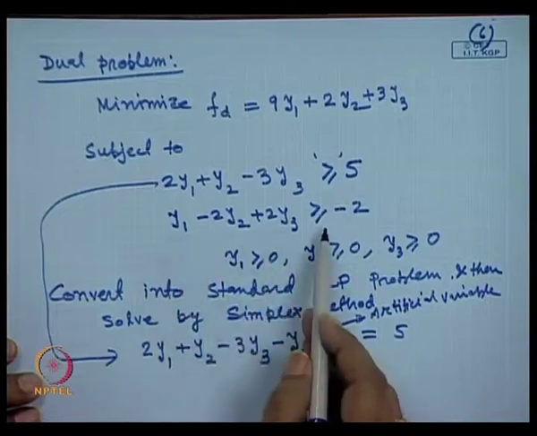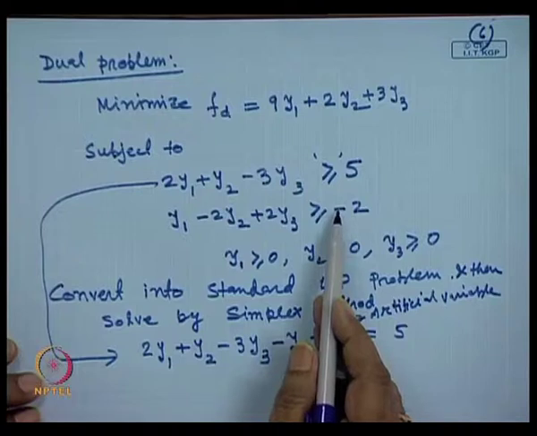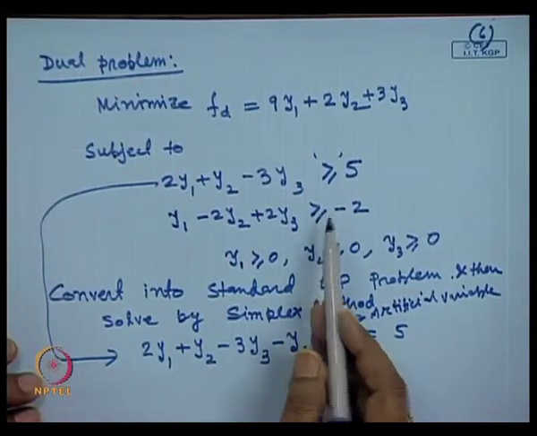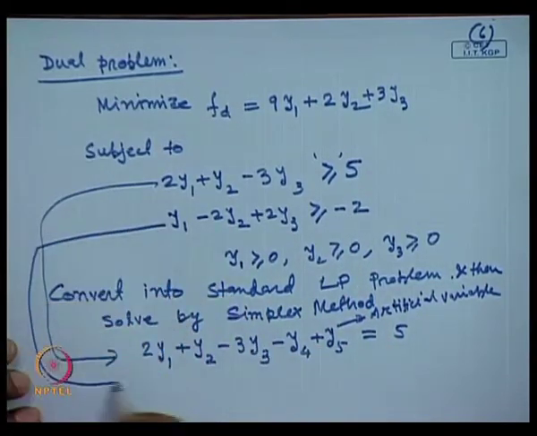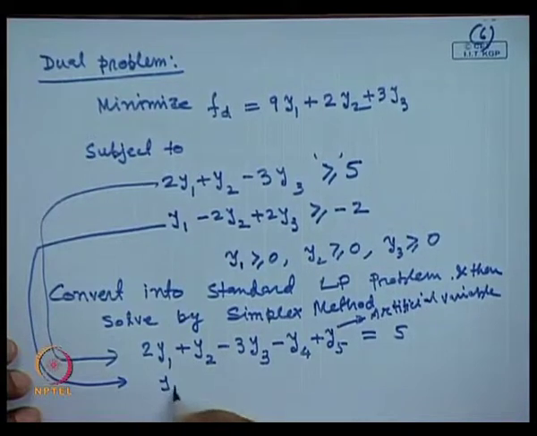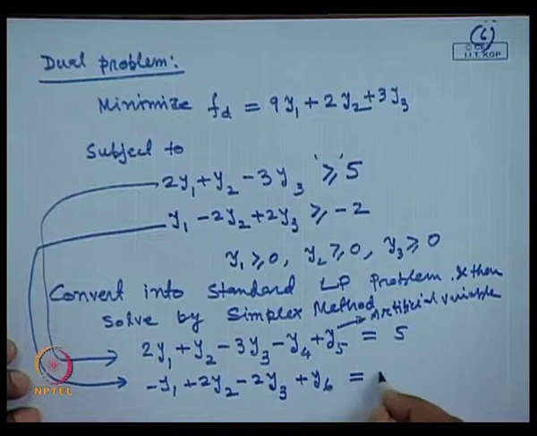Now, this equation you can convert into a plus sign, because I have to make it a plus sign and an equality sign. So, if you multiply both sides by minus, then it will be minus y1 plus twice y2 minus y3, agree, then it will be less than or equal to 2. That means we have to add a slack variable, let us call it y6, so that it equals 2.